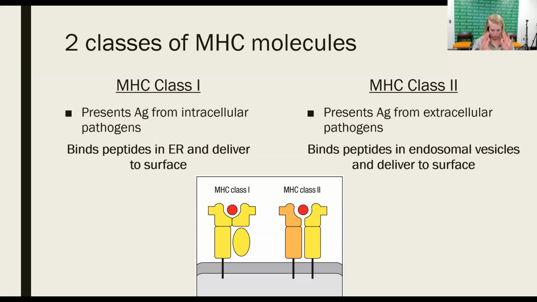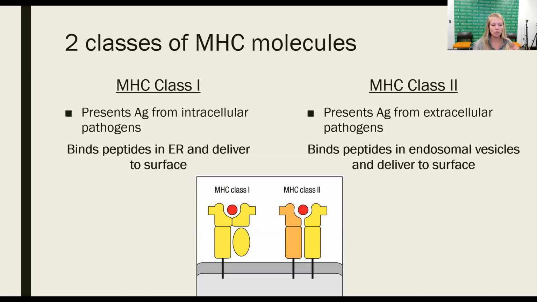Okay, so I don't ask you to commit a lot of things to memory. This is something you're going to want to commit to memory. Somehow, some way, associate intracellular pathogen with MHC class 1 and extracellular pathogen with MHC class 2.